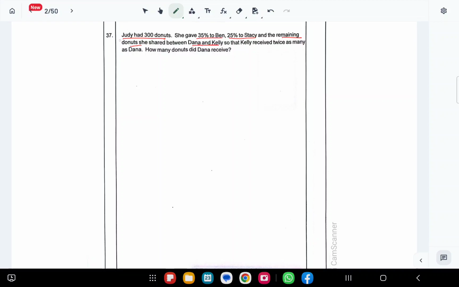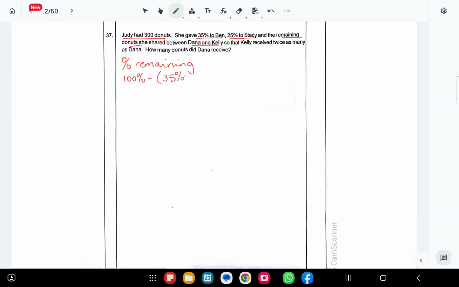So what we could find out first is the remaining percentage. And we know that percentage is out of 100. So to calculate what the remaining percentage will be that she shared between Dana and Kelly, it will be from the total percentage, which is 100%. We take away the sum of the percentage that she shared to Ben and Stacy.